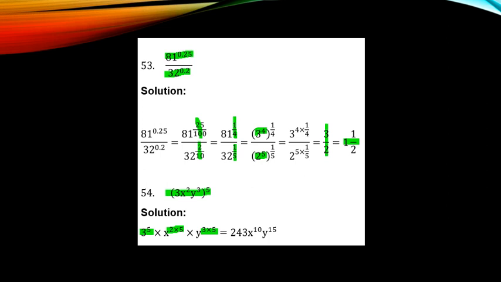All the terms in the bracket will take the power expressed outside. 3 power 5 is 243. Then s, 2 times 5, that is s power 10. y, 3 times 5, that is y power 15. This is also very simple. So this is how we use the laws of indices to express problems involving bases and powers.